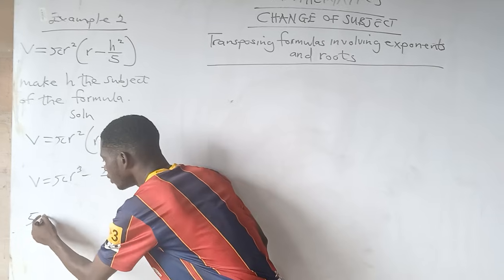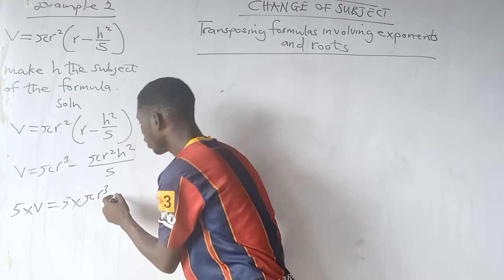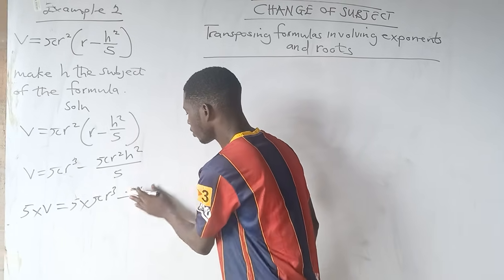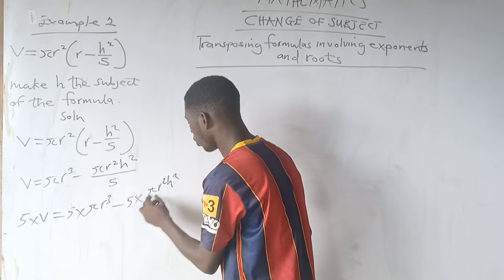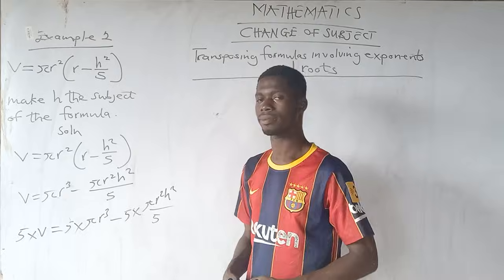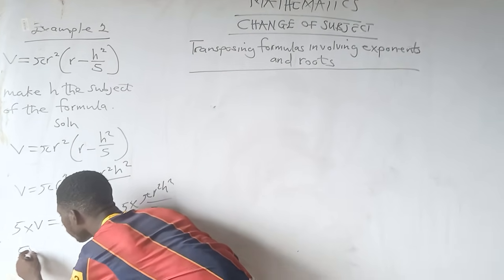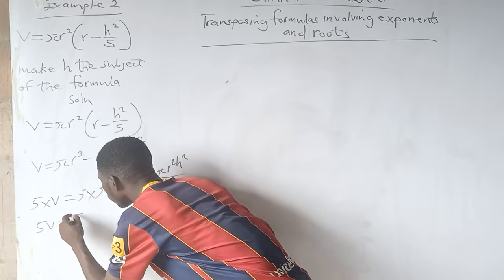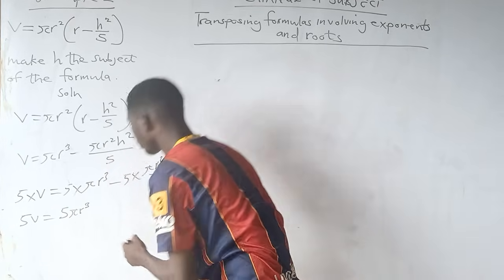So 5 times v equals 5 times pi r to the power 3, then minus 5 times pi r squared h squared over 5. Right? Okay, so let's write the result. 5v equal to 5 pi r to the power 3.